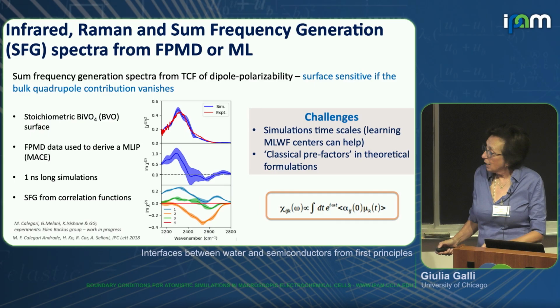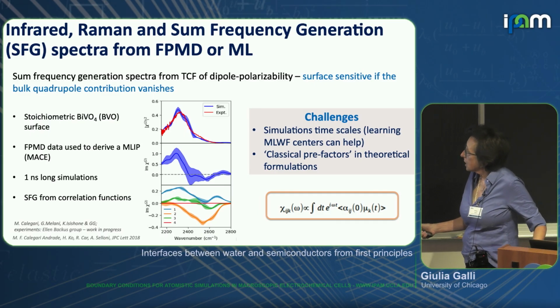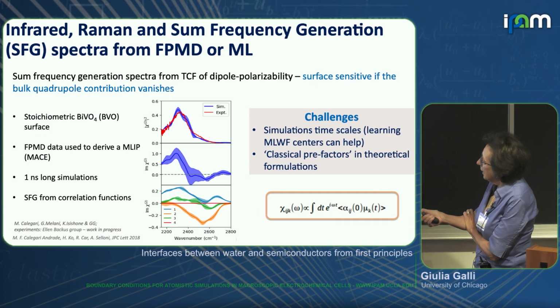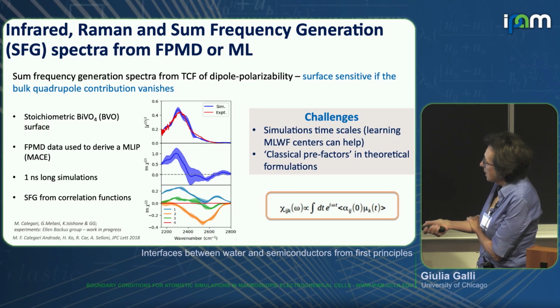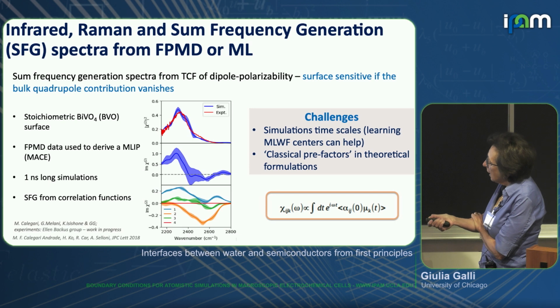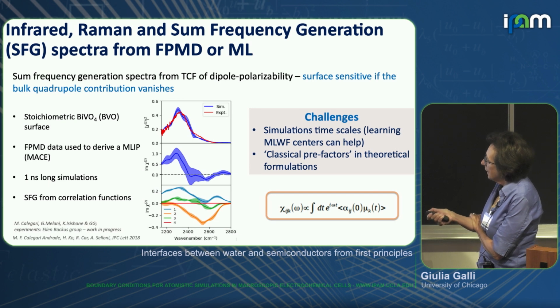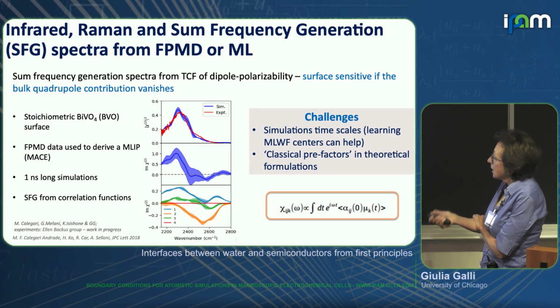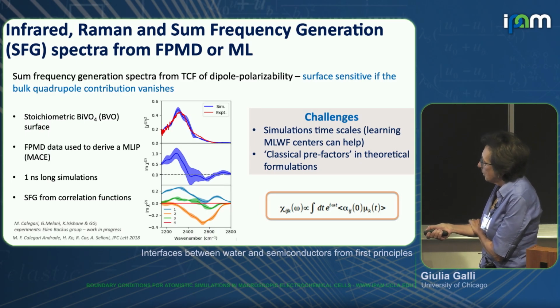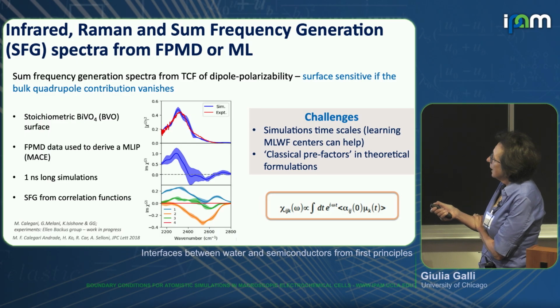And this is some recent work done with machine learning potentials. This is work that is basically the same as the work that has been done by the group of Selloni on titanium dioxide, indeed done with her former student, Marcos Calegari.